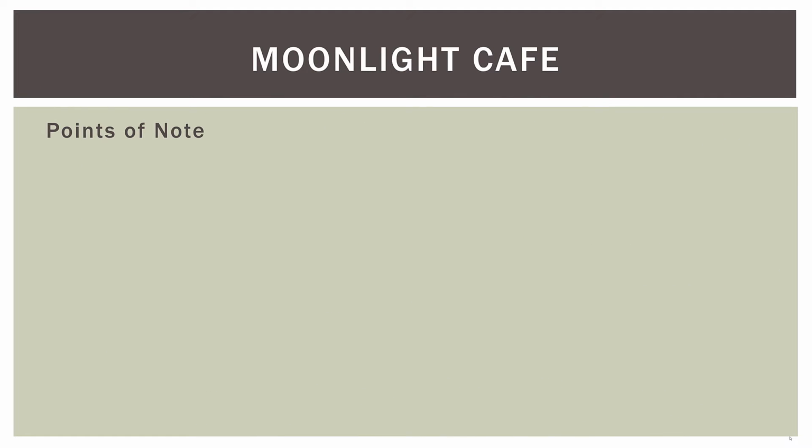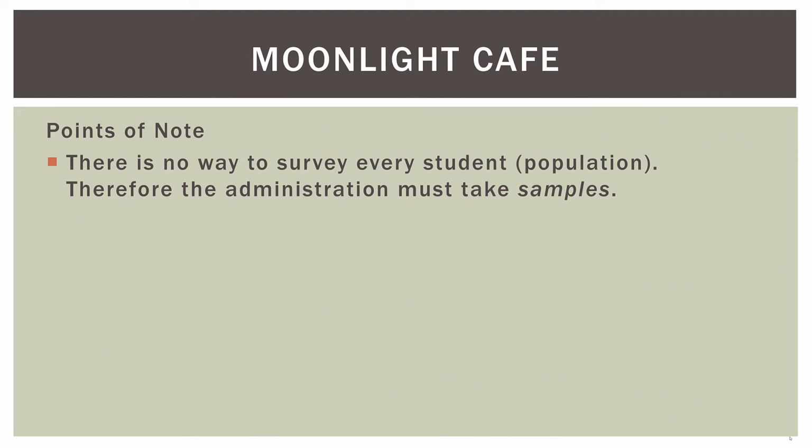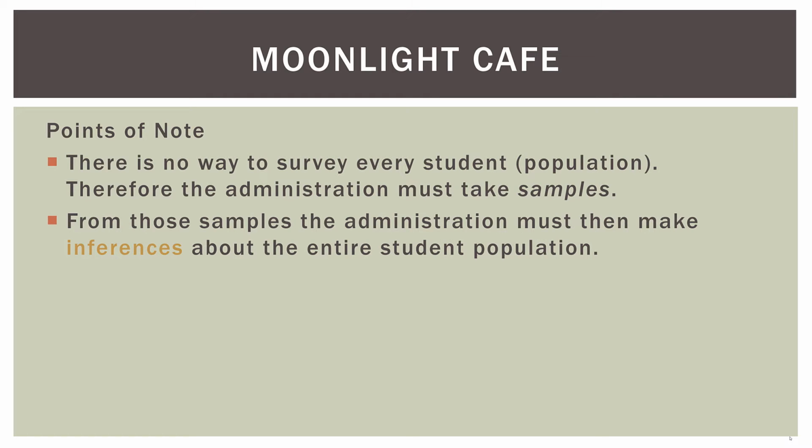Now, a few points of note. There is no way to survey every student on campus. That would be the entire population of students. Therefore, the administration must take samples. And from those samples, the administration must then make inferences about the entire student population. That's the whole point of statistics in general and inferential statistics in particular.